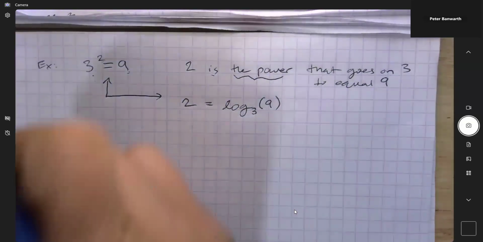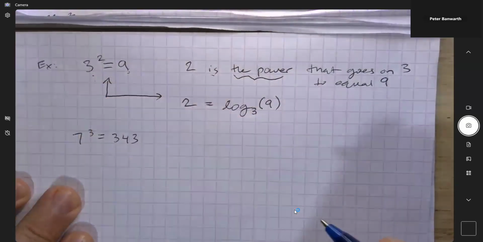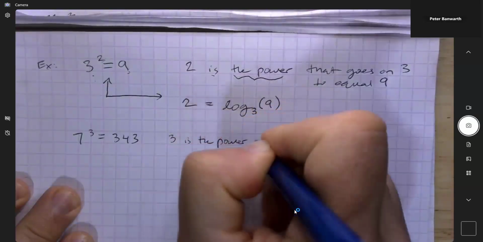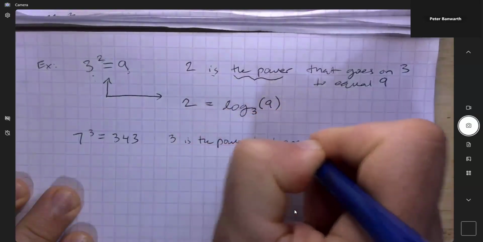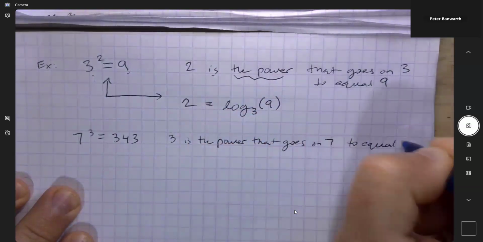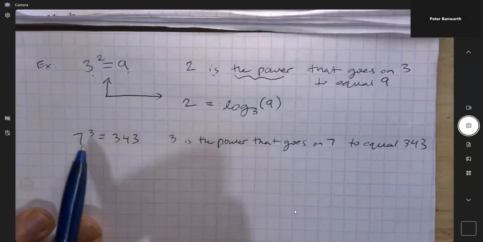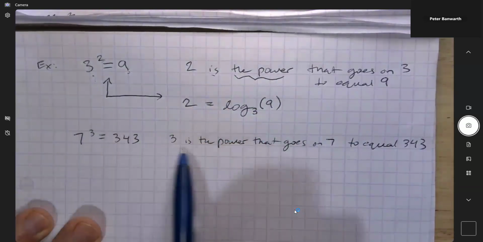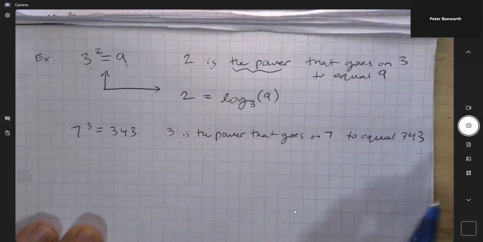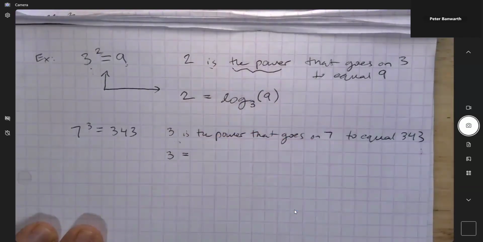Let's try it again. I had 7 cubed equals 343. That means 3 is the power that goes on 7 to equal 343. The ability to say this expression in this manner makes changing to a logarithm so much easier. Because I know that 3 is, so I'll use the equal sign.